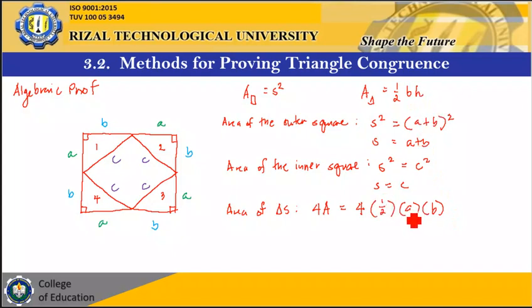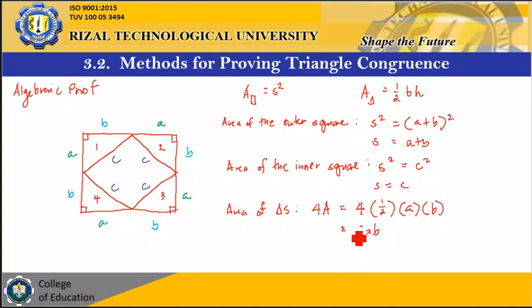You could interchange A and B, but this time I will use the base as A and the height as B. Now, to simplify, this is 2AB.